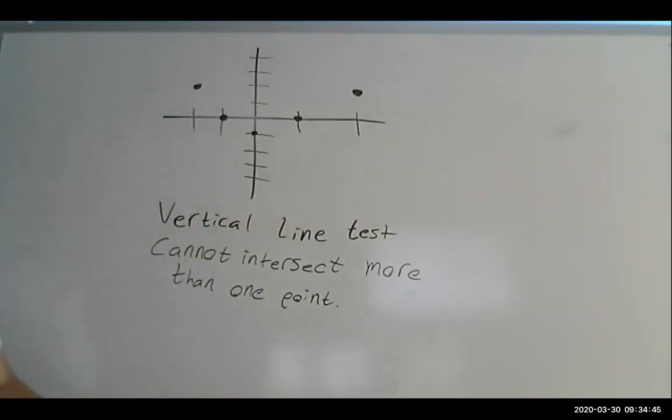So it could intersect 0 points and it's still a function. It could intersect 1 point, but it cannot intersect 2. Otherwise, like I said, it is not a function. Okay, so this is the basis of checking whether or not something is a function.